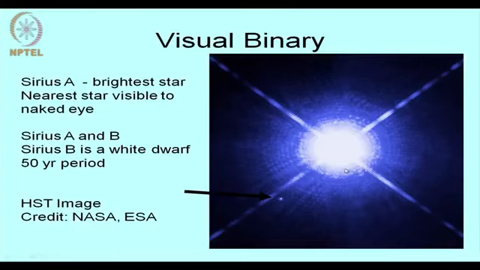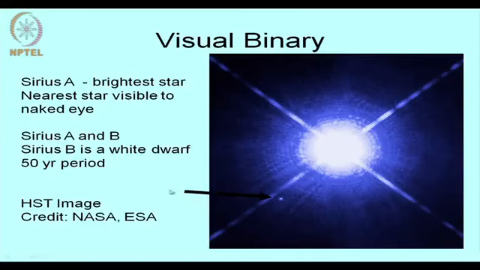This picture shows you the star Sirius A, and this star is the brightest star in the sky, and it is also the nearest star that is visible to the naked eye.